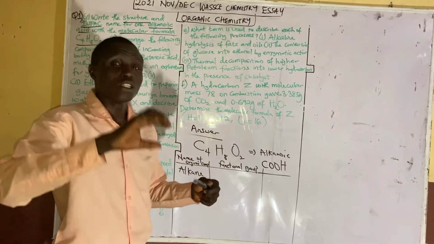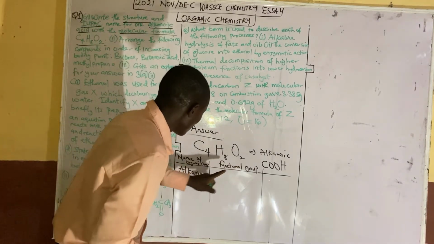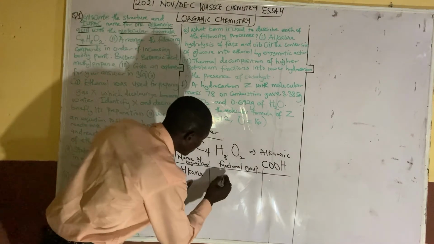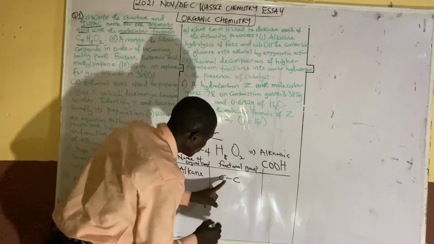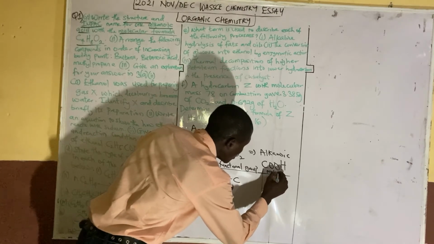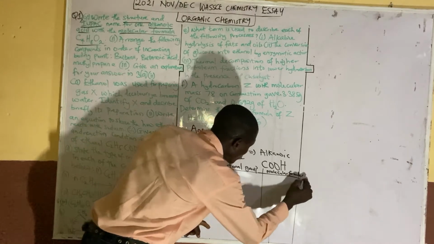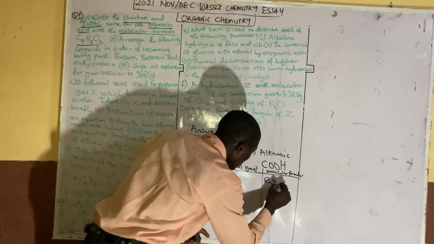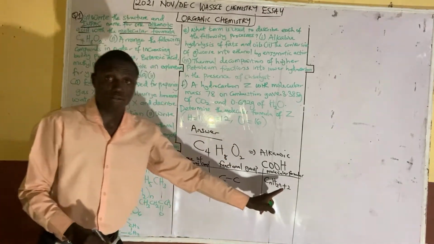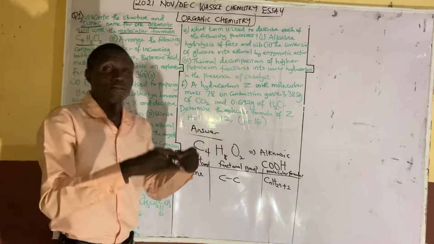Unsaturated means it contains multiple bonds, whether double or triple. Alkane has a functional group of C single bond C, and the general molecular formula is CnH2n+2. That's the general molecular formula for alkane. We are still coming back to the question, but I want to outline the likely functional groups that you have to meet in your questions in organic chemistry.